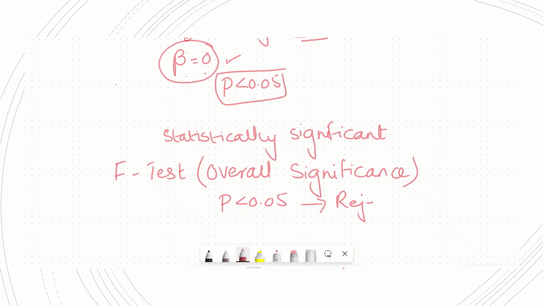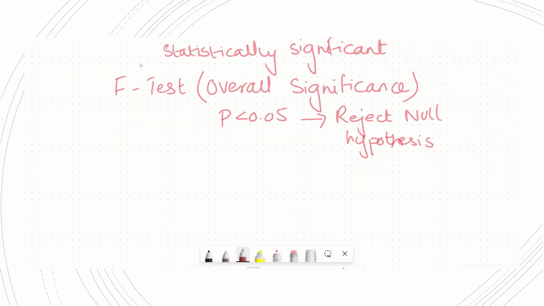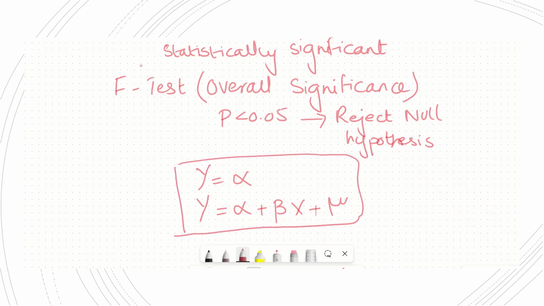First of all, when you are looking at the F-test, the overall significance of the model, what is the null hypothesis? It says that the intercept model and your own model both have the same fit. So this is the null hypothesis.